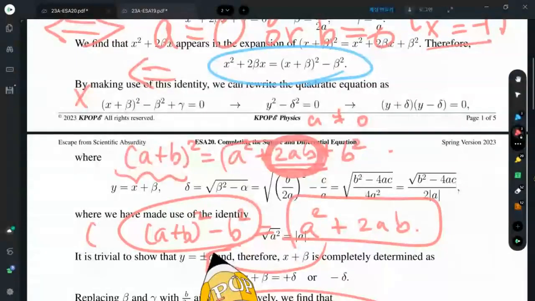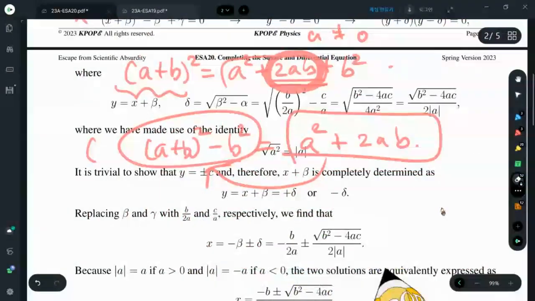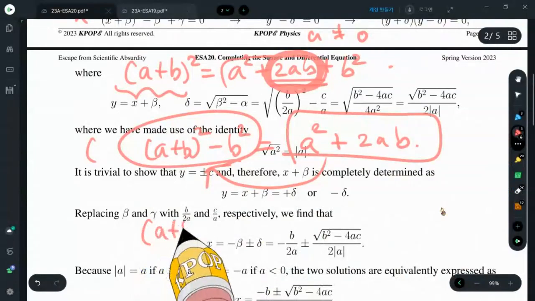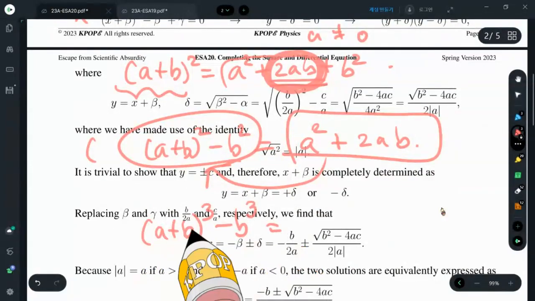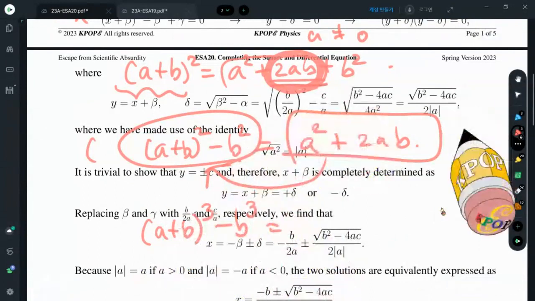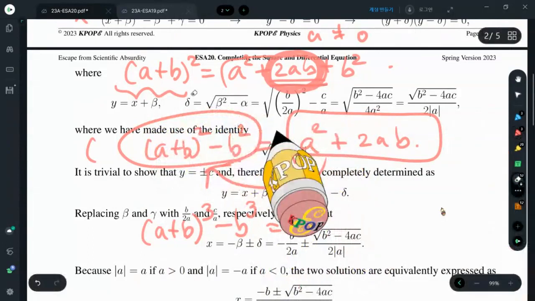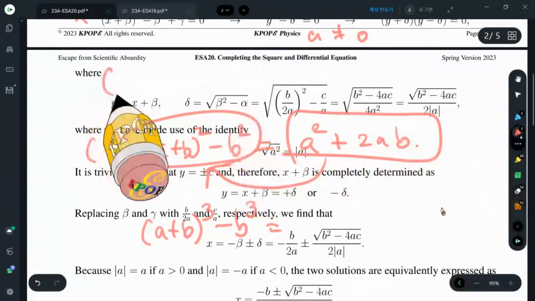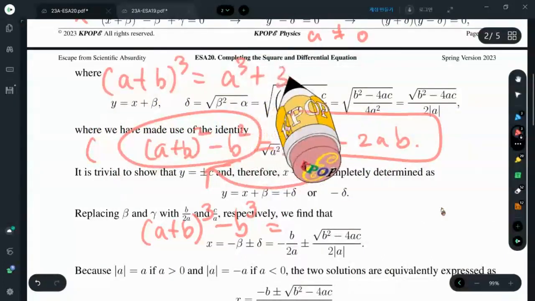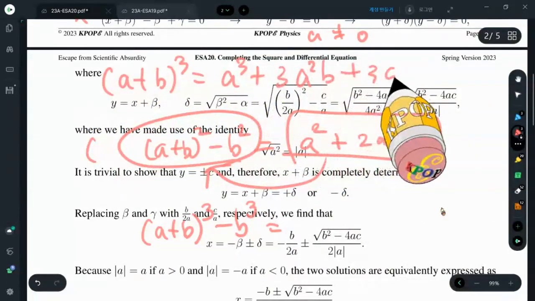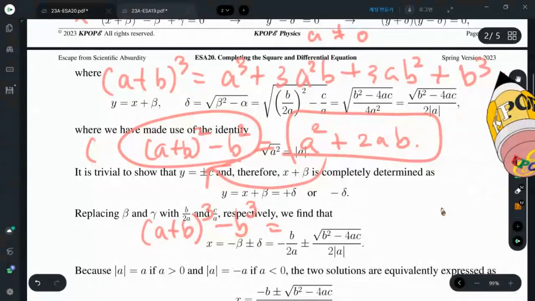So what happens if I have x cubed? Use the same method: a plus b cubed minus b cubed. I know how to expand using Pascal's triangle. How? a plus b cubed is a cubed, 3a squared b, 3ab squared, and b cubed.